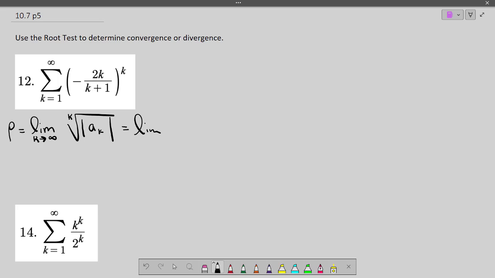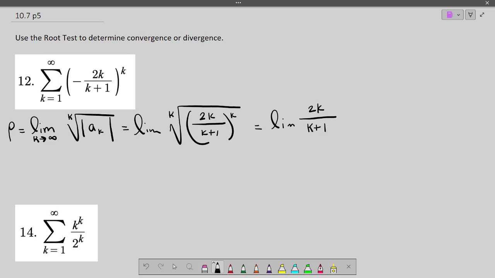So we're going to have the kth root of 2k over k plus 1, all to the k. All right, and the kth root of something to the k, they just cancel. So we're going to end up with the limit of the base, the limit of what's in the parentheses. So this is the limit of 2k divided by k plus 1.